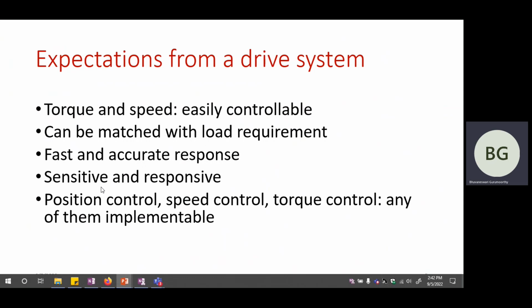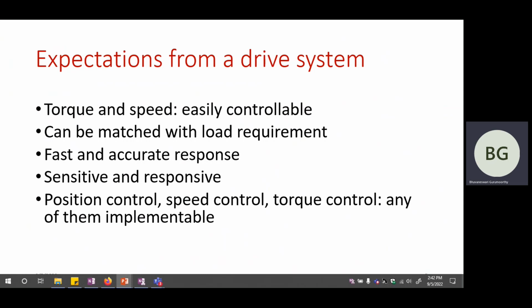And another thing is the drive system should be sensitive to whatever inputs the driver is giving. So let us say we are going past one of the shops and we want to stop right in front of the shop. The driver will give an input signal saying that the speed has to be brought down to 0 right away.